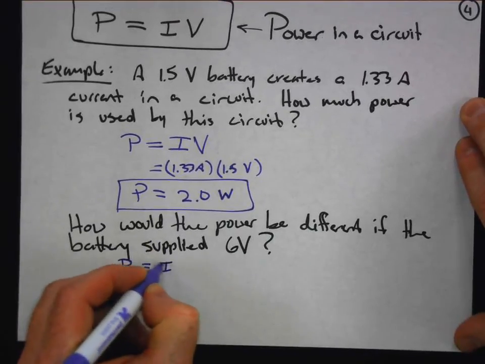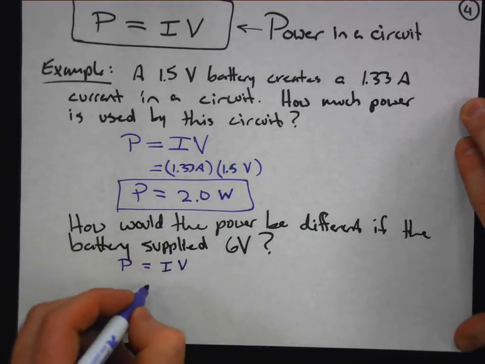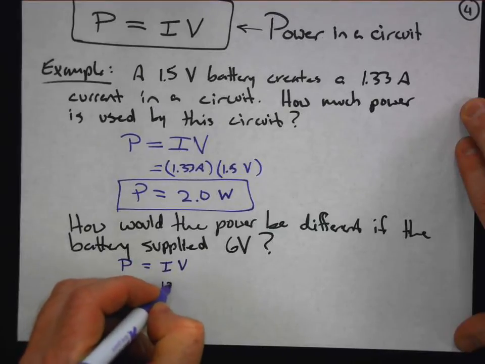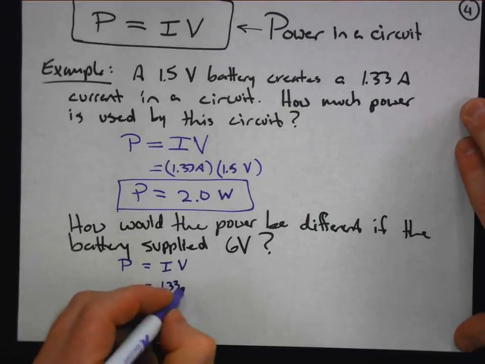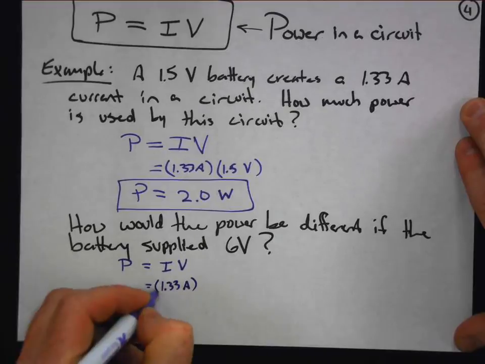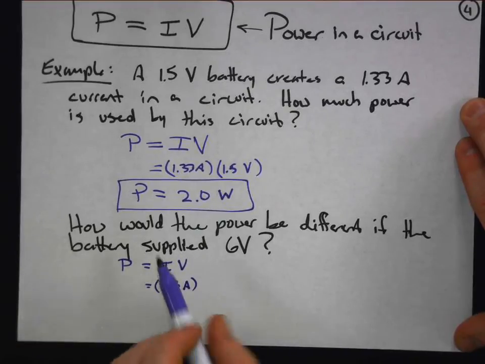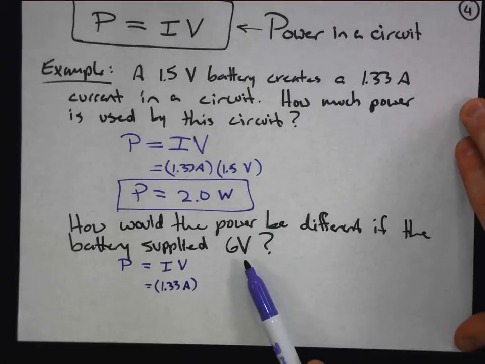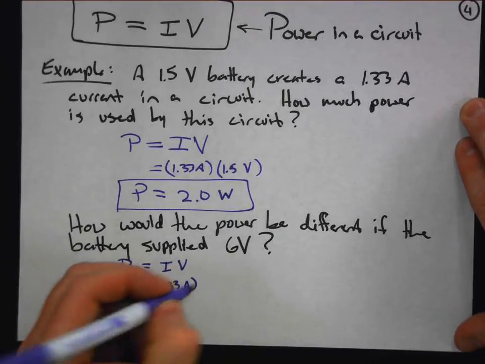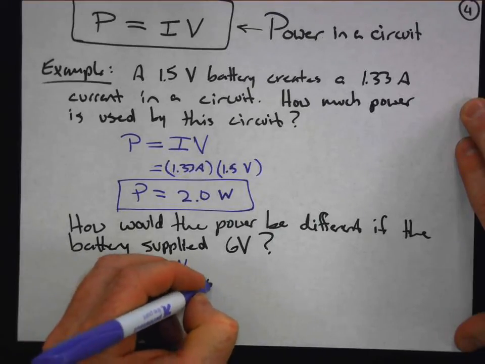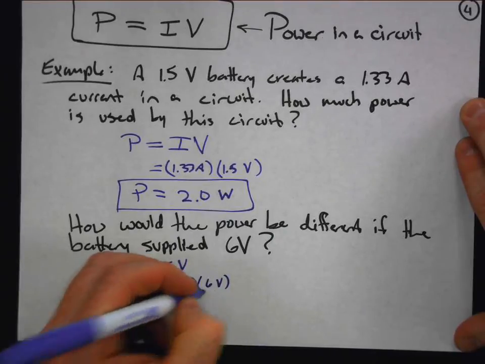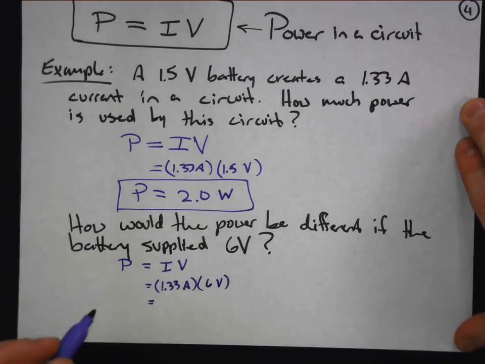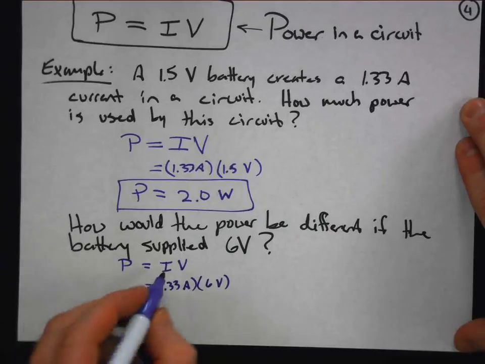So I've got current times voltage. The current is the same, 1.33 amps. Now the voltage, going from 1.5 to 6 volts. I could write a 6 here, and that's easy enough. And when I do this math, what I get is 8 watts.